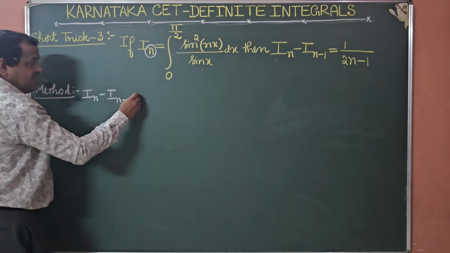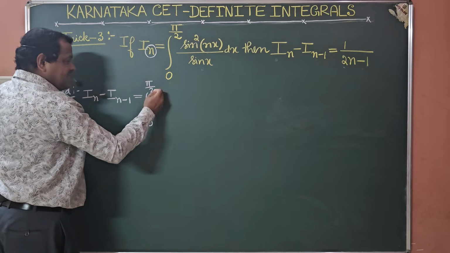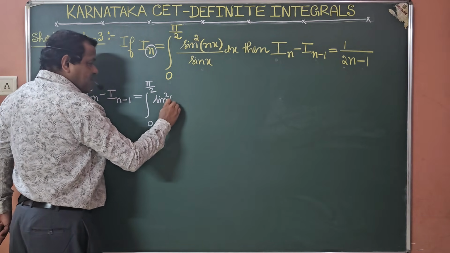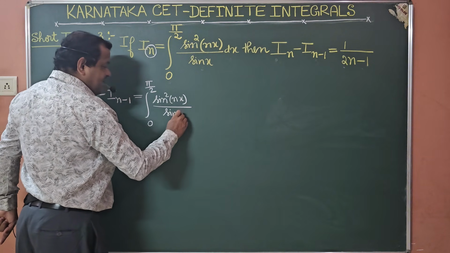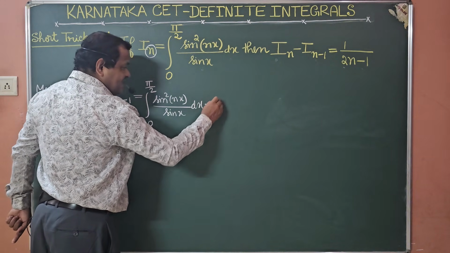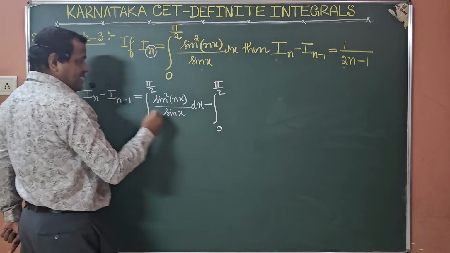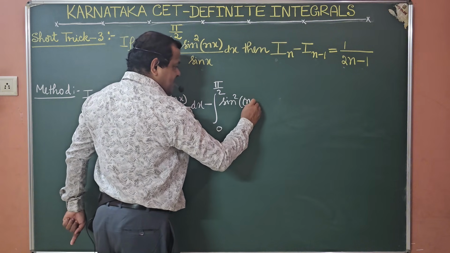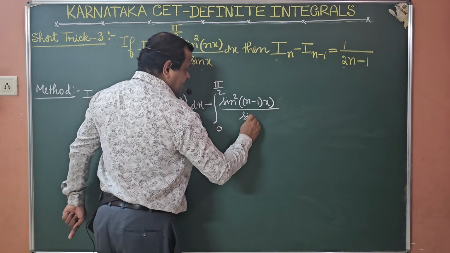I suffix n minus I suffix n minus 1 means integration from 0 to pi by 2 of sine square nx divided by sin x dx minus integration from 0 to pi by 2 of sine square of n minus 1 into x by sin x dx.